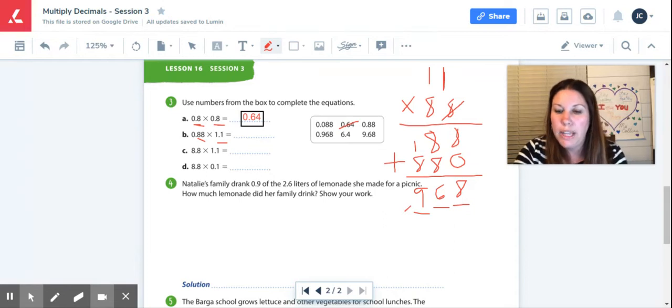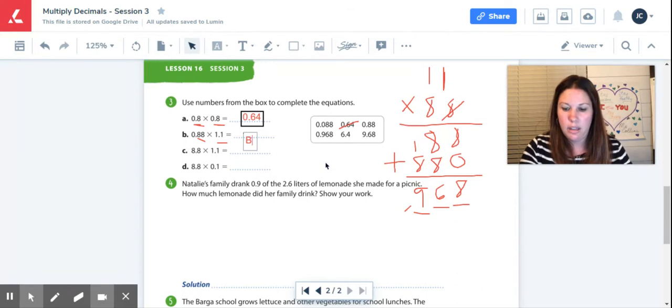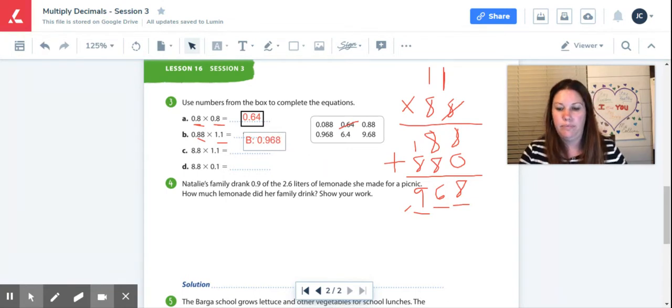So let's find that in our box, and then we'll put it into answer B. So answer B is 0.968. And that is right here. So I'm just going to cross that one out.